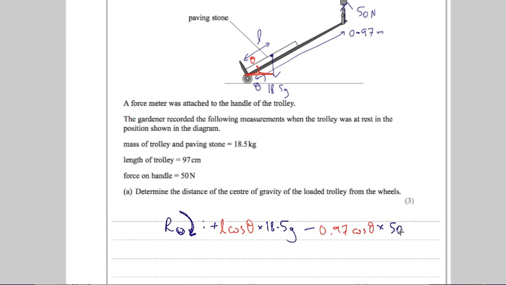And that's it. There are no other forces acting at a distance from the pivot. We're going to have a reaction force from the ground at the pivot. However, that's going to be at a distance of 0 from the pivot, so its moment will be 0.